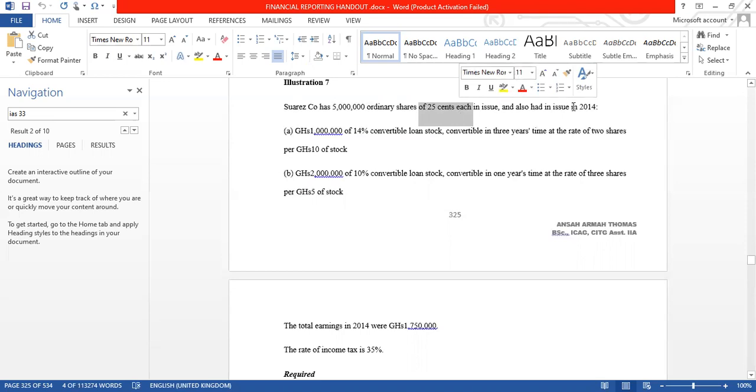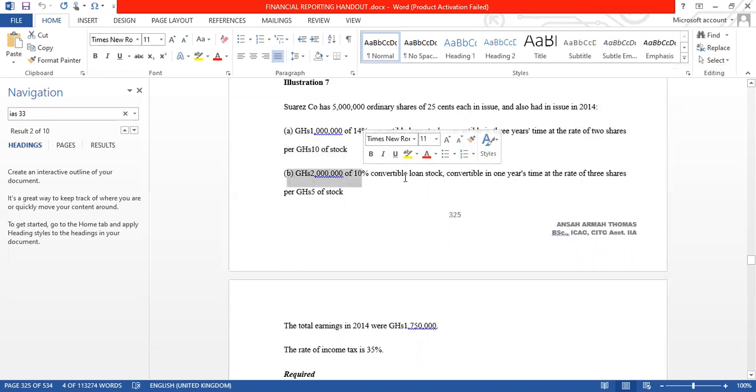Okay, and also had in issue in 2014, 100,000 Ghana cedi, 14% convertible, at a rate of 2 shares per 10 Ghana cedi stock. They also have here 2 million, 10% convertible loan stock.